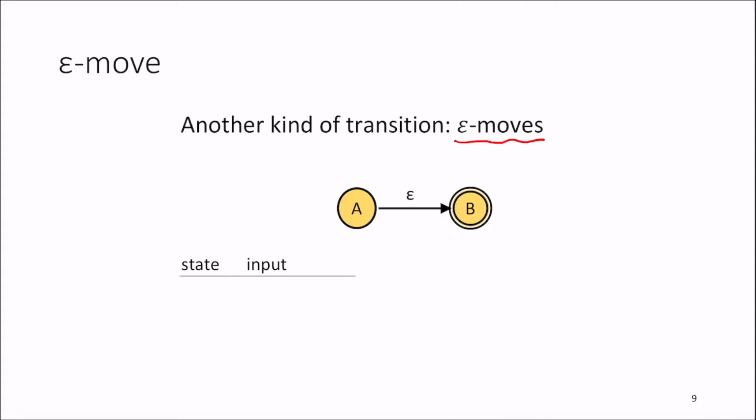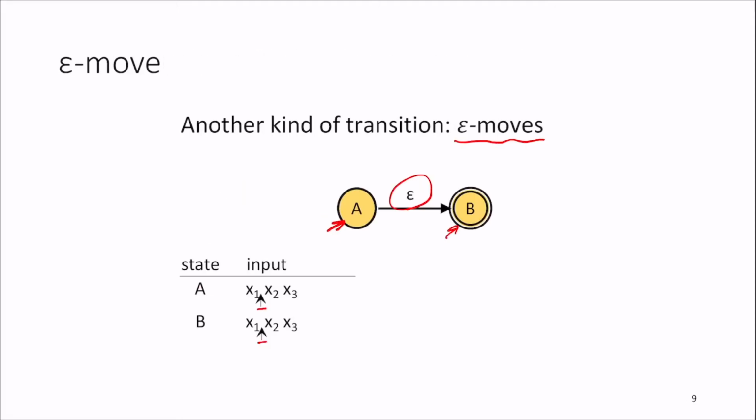So it's a transition on epsilon: from state A, on the empty string, I can go to state B. So if I am at some stage in the input, let's say I have an input x1, x2, x3, and I'm at state A, I can, without accepting any further input, with the input head staying at the same place, take a transition to another state. That's what it means to take a transition on an empty string: you don't move any further in the input string, but you can take a transition to another state.